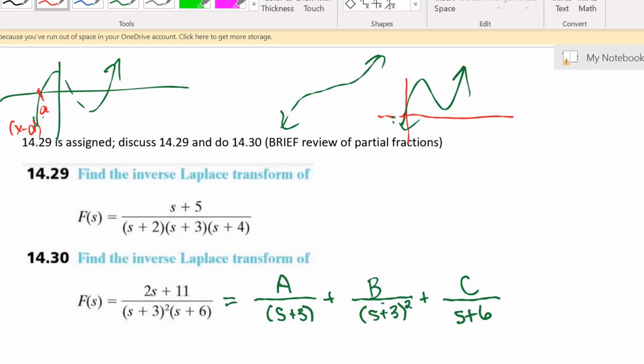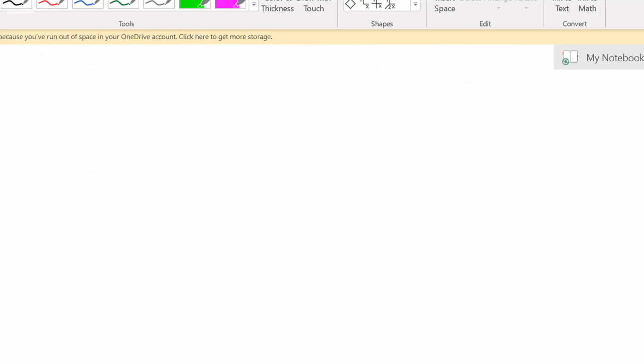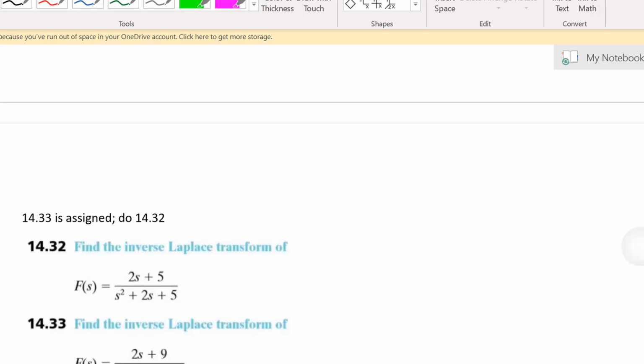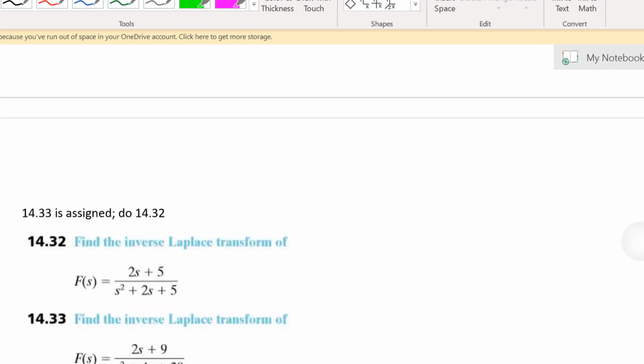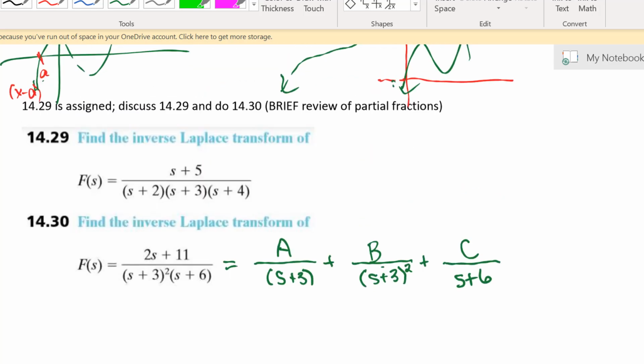So your numerators will either only be constants or linear polynomials like bs plus c, as plus b, or whatever. So that's just a little brief review for partial fractions. And then I think the next problem I have us do is where we do have some quadratics that can't be factored. So I'll talk about that next.